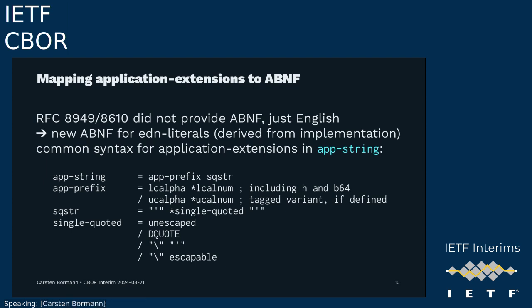So you have to do all the escape processing, which actually goes on because escapable is another rule that is defined further below. I just took the most important parts here. So every single application extension has to do that work, for instance, by disallowing single quotes and backslashes, which is one way of solving that problem.